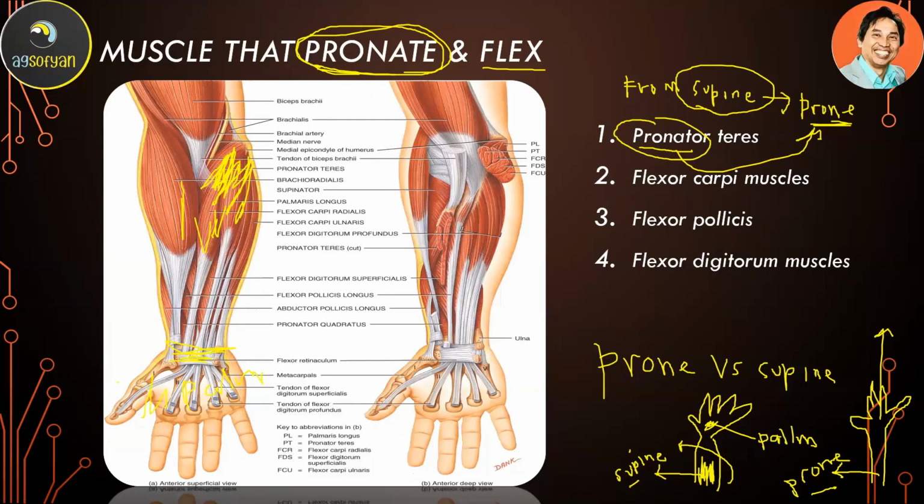For example, if you make a fist, if you fist your finger, like you want to hit someone, this is actually done by these muscles on the supine area of your arm, and all of these muscles are called the flexor muscles. Right? So these are the muscles that pronate and flex. Okay, pronate our arm and flex our wrist and finger.